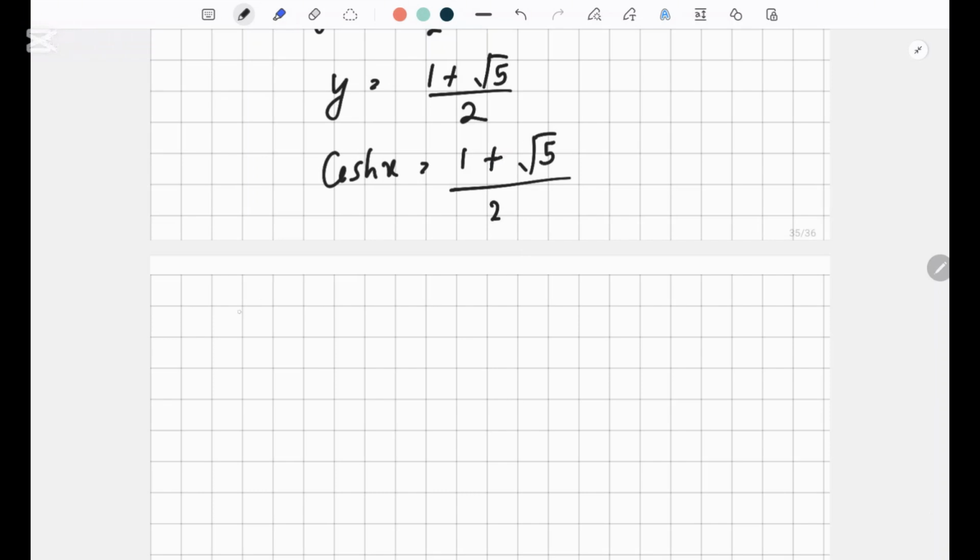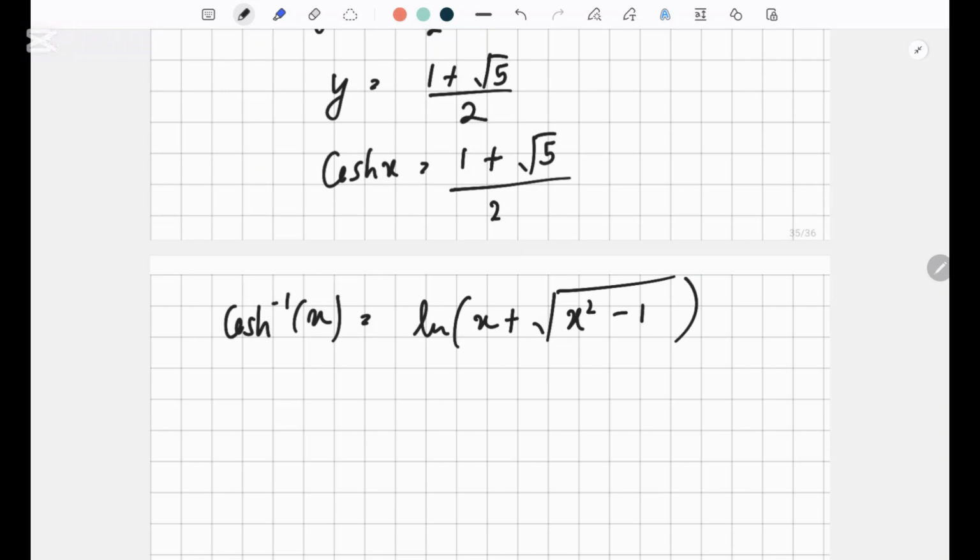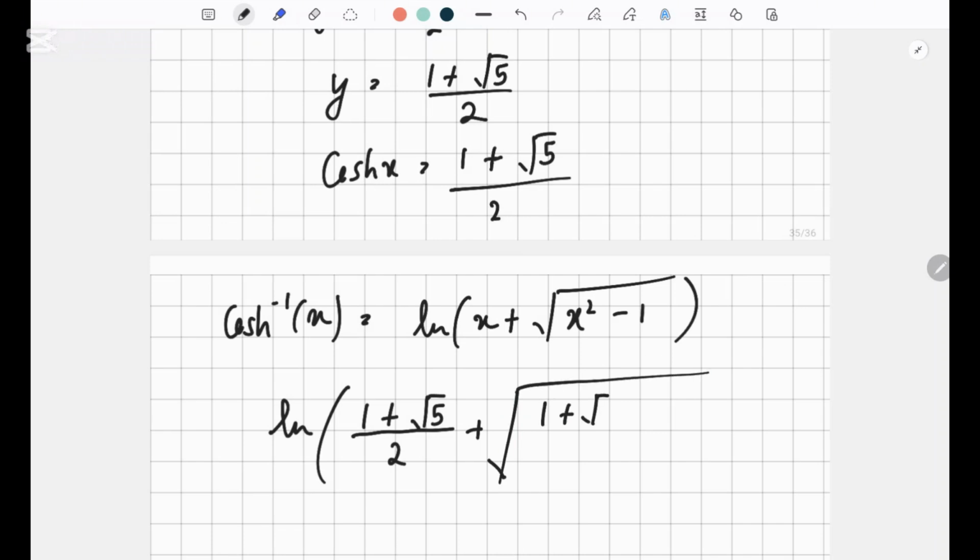Okay, so you also have to know that cosh inverse x gives you ln x plus root x squared minus 1. So here you can write ln 1 plus root 5 over 2 plus root 1 plus root 5 over 2 squared minus 1.